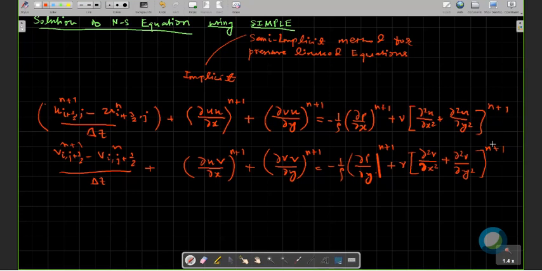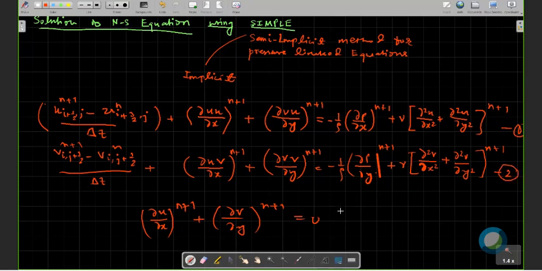And then you have the continuity equation, and the continuity equation is always at n plus 1. So this is equation number 1, this is equation number 2, and this is equation number 3.